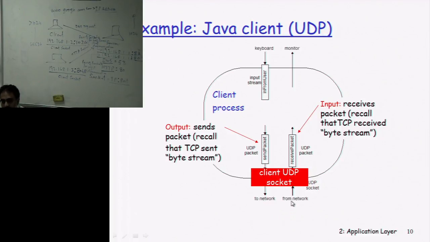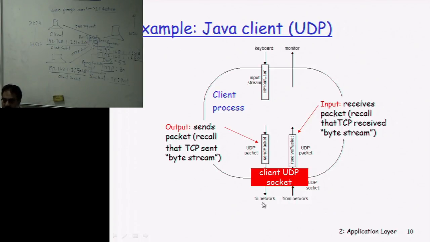Now when the reply comes back from the server, the client UDP socket will receive the reply. It will send and receive. This is basically a door into the client application from where the packets will go onto the network, and from where the packets will be received from the network.